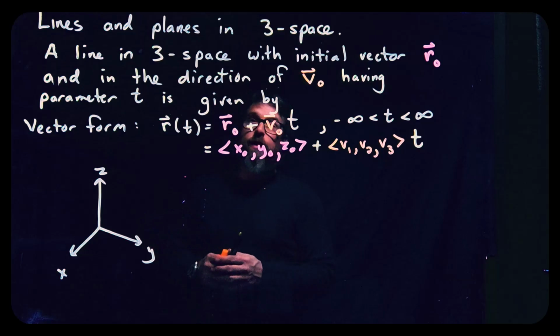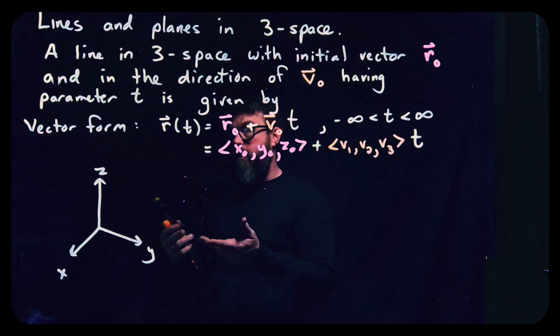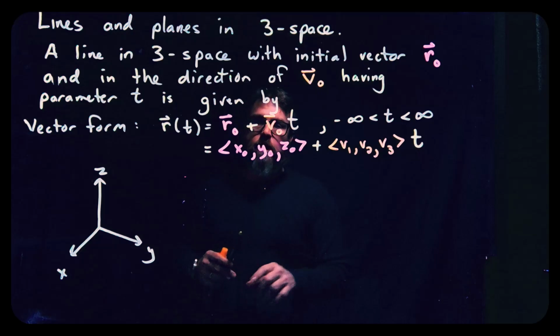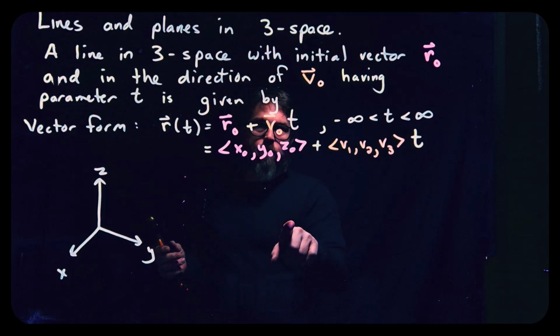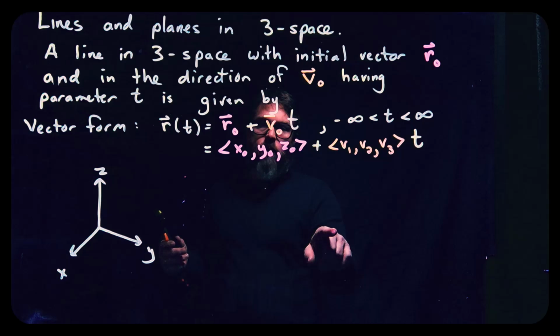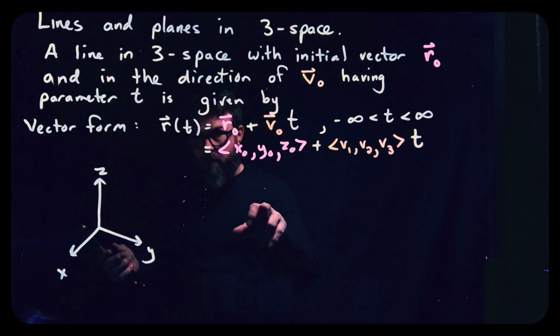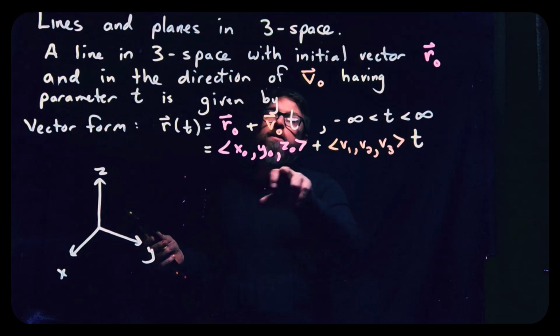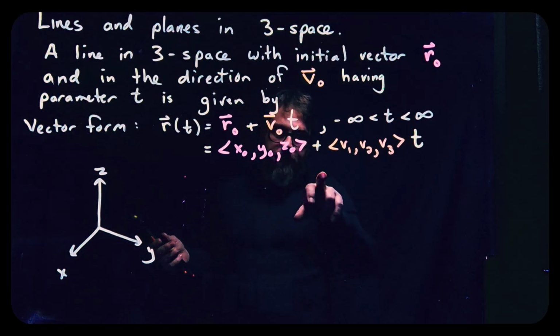Well, what's needed is a point and a slope. And that's all fine and good when you're working with just 2D space, because if I have an initial point and a slope, which is your rise over run, really that slope gives you your direction. So I'm going to start here, and then for my next point, I'm going to have to go up something, then over something, to be able to find the next point.